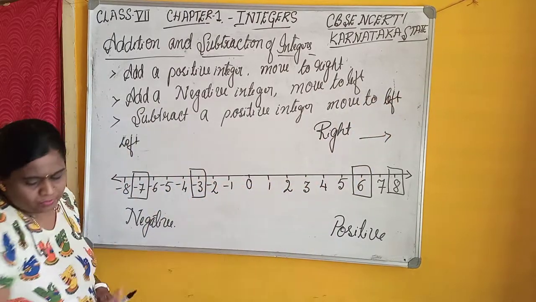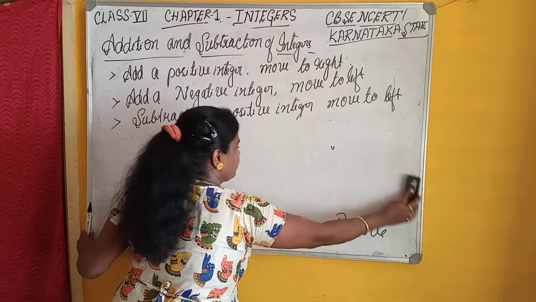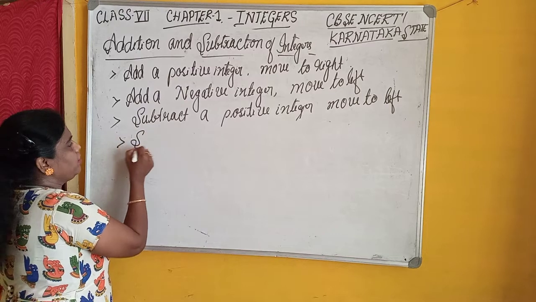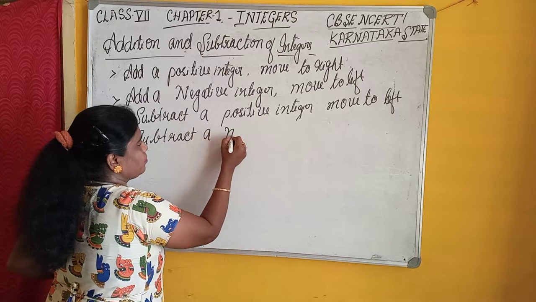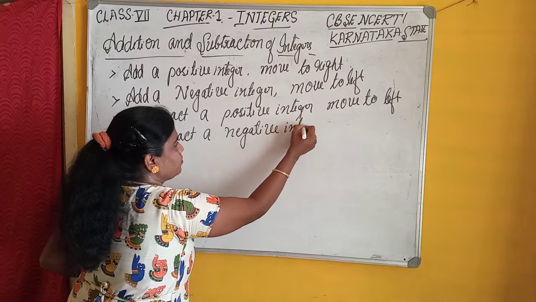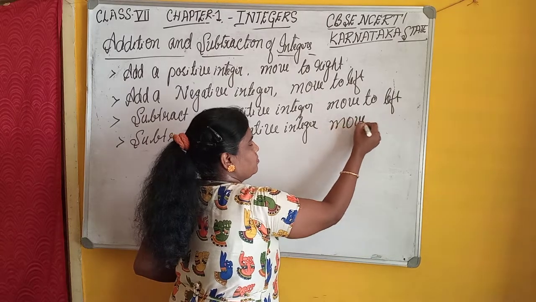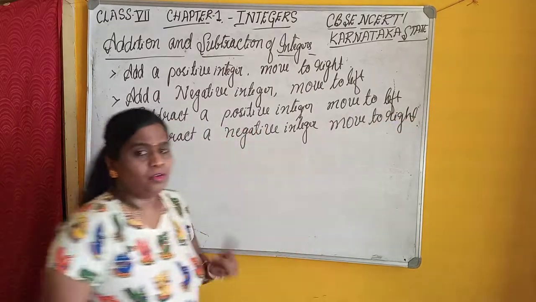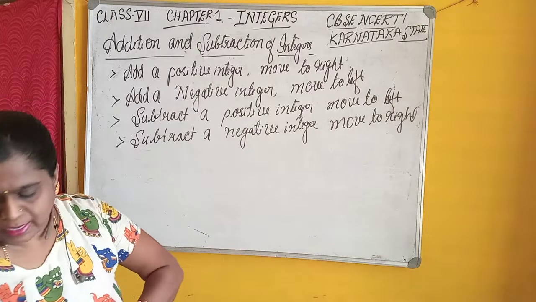In the same way, when we subtract a negative integer, move to right. I will show you one by one. Draw a number line.